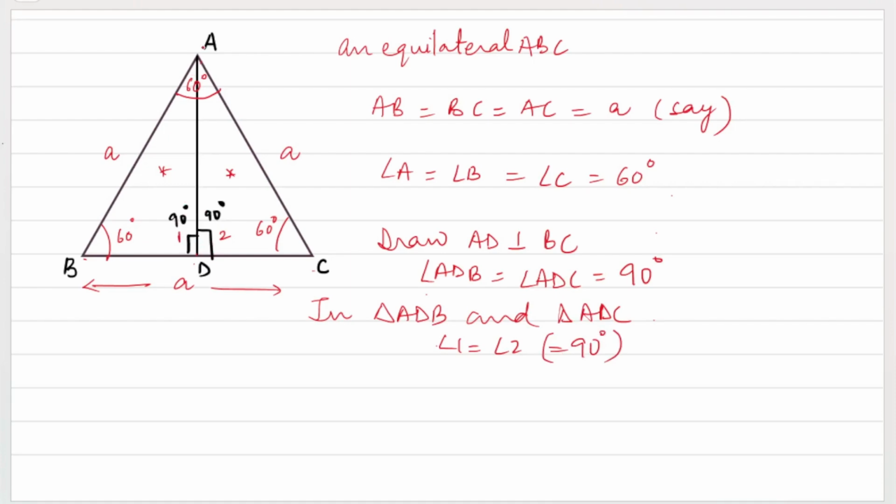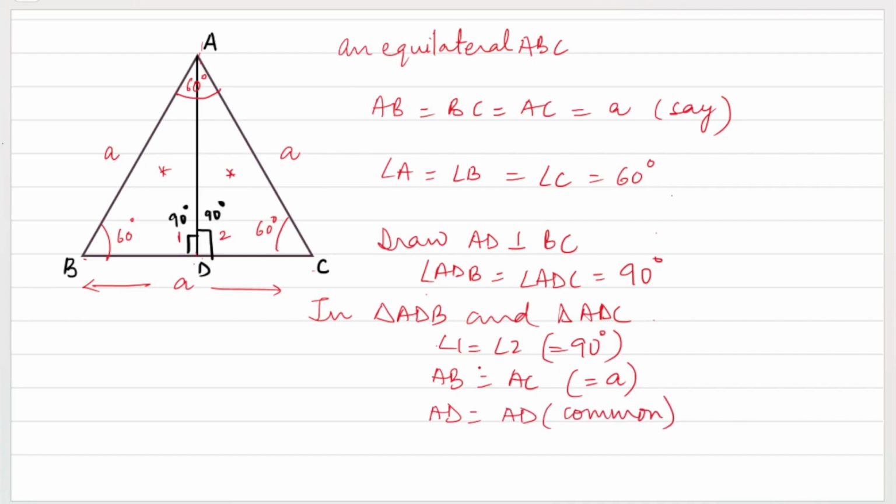Opposite to 90 degrees, in this triangle is side AB, and in the other triangle is side AC. Both sides are equal, because both of them are equal to A. And finally, side AD is common to both triangles, so AD is equal to AD.